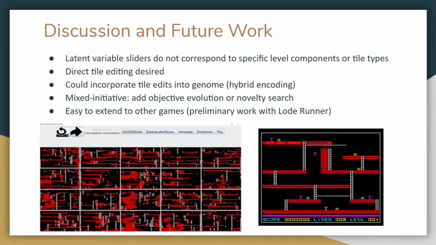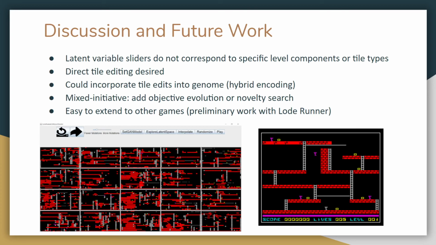And then you have another period of direct evolution or objective-based evolution or novelty search that goes through the space a bit quicker than a user would. But ultimately, that may not be necessary in the GAN just because the GAN is so filled with quality solutions.